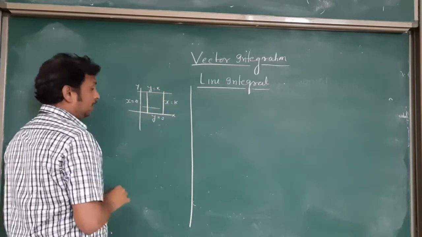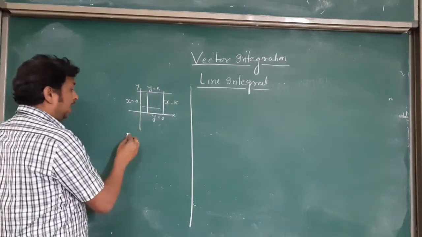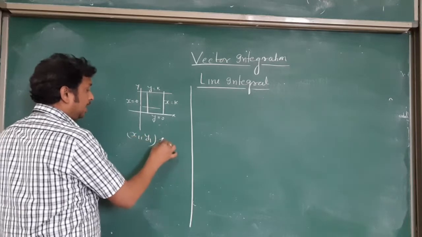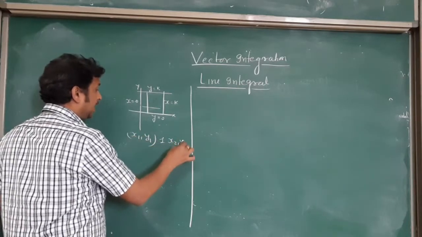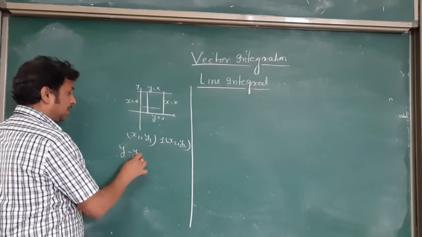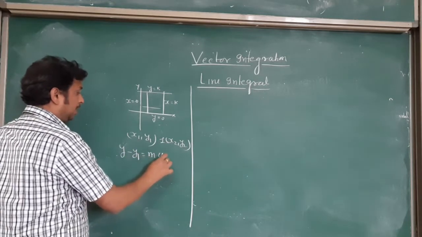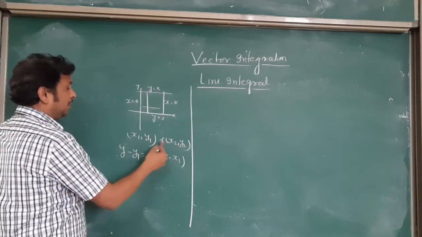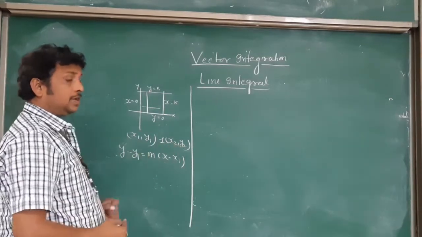Similarly, what is the equation of the line joining points (x1, y1) and (x2, y2)? It is very simple. y minus y1 is equal to m times (x minus x1), where m is (y2 minus y1) upon (x2 minus x1).